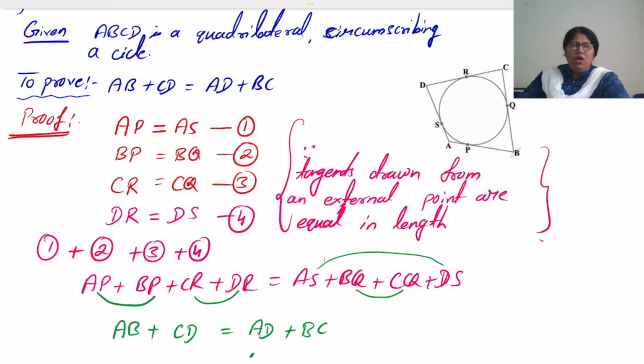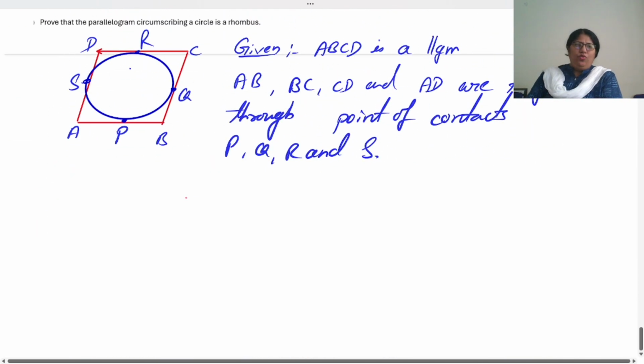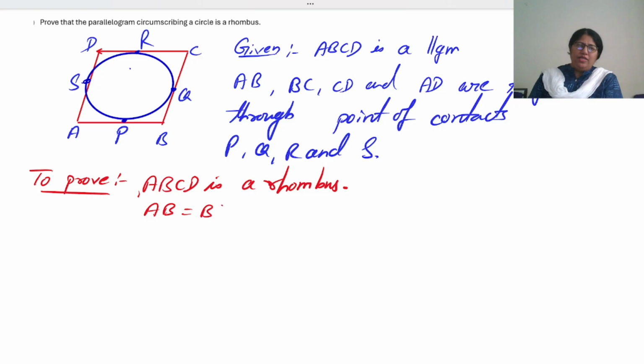Now in a rhombus, all sides are going to be equal, whereas earlier we took that the sum of opposite sides is equal. So what to prove here? I have to prove that ABCD is a rhombus. Now for a parallelogram to be a rhombus, if I can prove that any adjacent sides are equal, then automatically all sides are going to be equal.